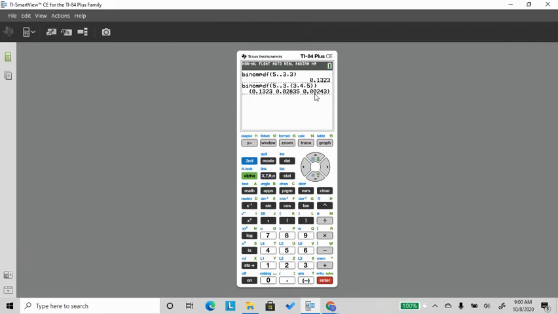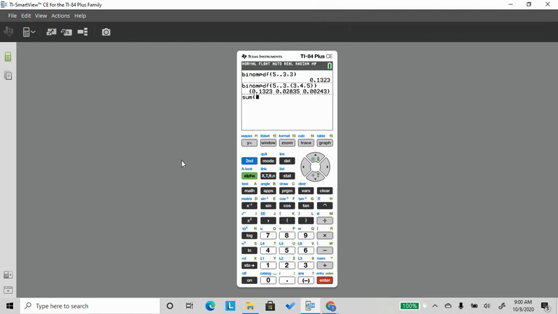Now, it's a summation. We need to sum those up. So we learned the other day on our calculator where the sum function is. The sum function is second stat, math, number 5, enter. And I'm going to tell it to sum up my last answer. The last answer is right above the negative.